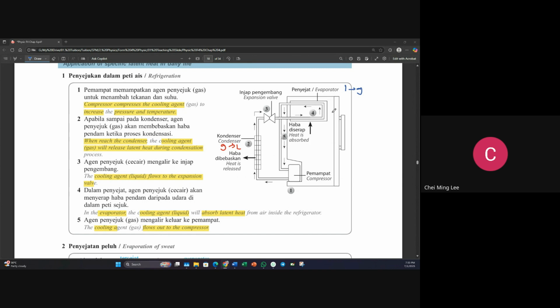So it absorbs the heat. That's why you can maintain the chilling, because the heat has been absorbed out. After the heat has been absorbed, the cooling agent will flow back to the compressor, then be pumped out again to release the heat, and then absorb heat again, release heat, like that.